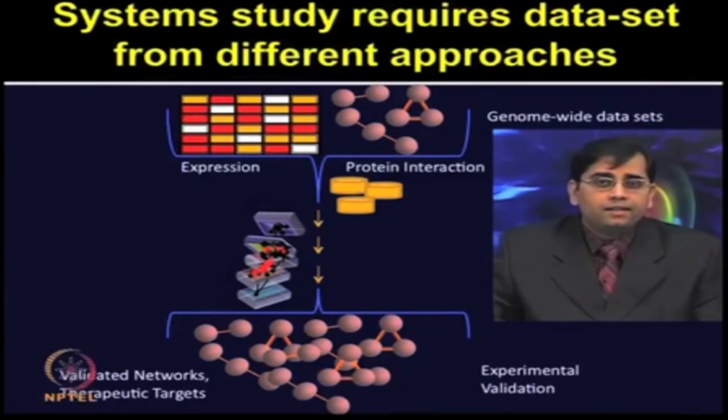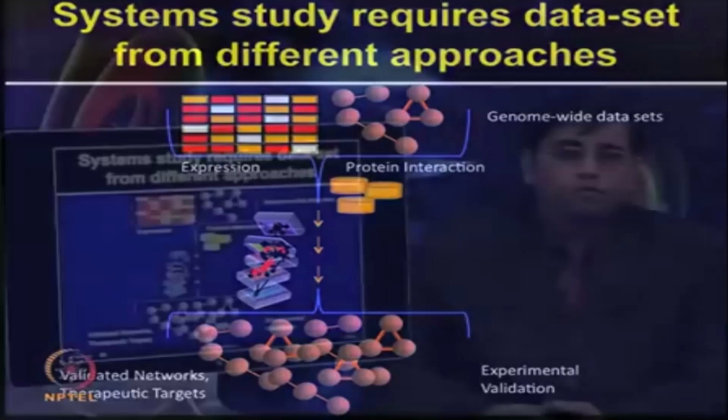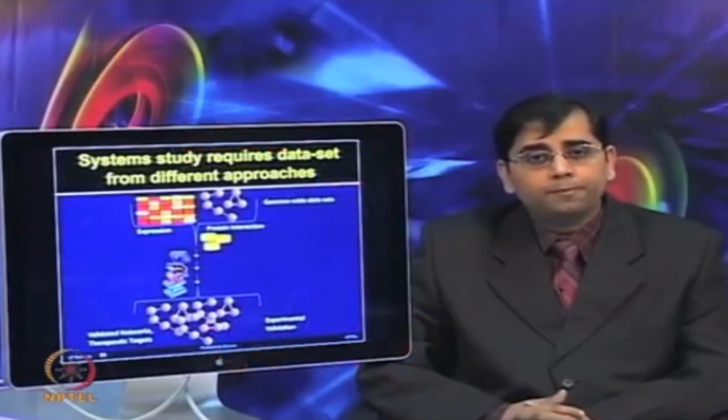These data sets can be stored in the clinical databases, and also can be mined from the literature by manual curation. Then integration of the orthogonal data sets can further be used for validating the networks and identifying therapeutic targets. Further, it can be used for experimental validation.